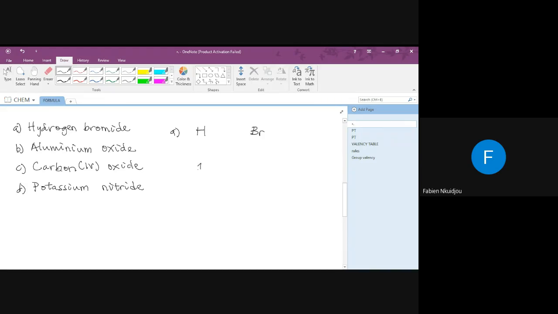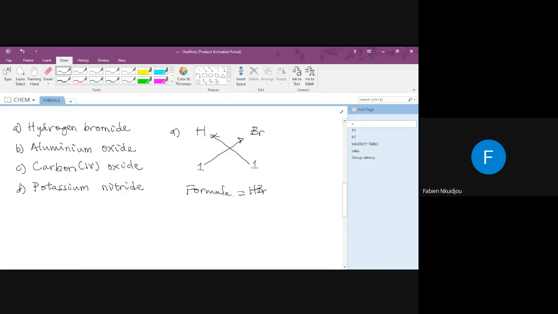Hydrogen has a valency of 1, bromine has a valency of 1. So we interchange the valencies. What do we have? It gives us the formula HBr. So that is the chemical formula of hydrogen bromide.